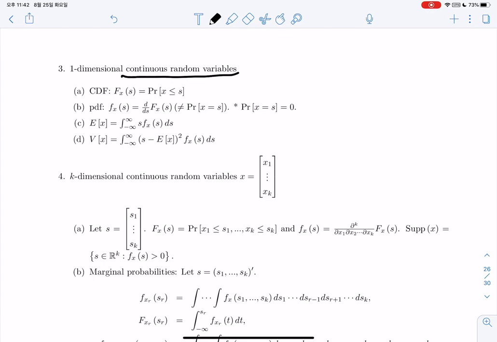From now on, I'm not going to distinguish between PDF and PMF, because PMF is in a sense a PDF.